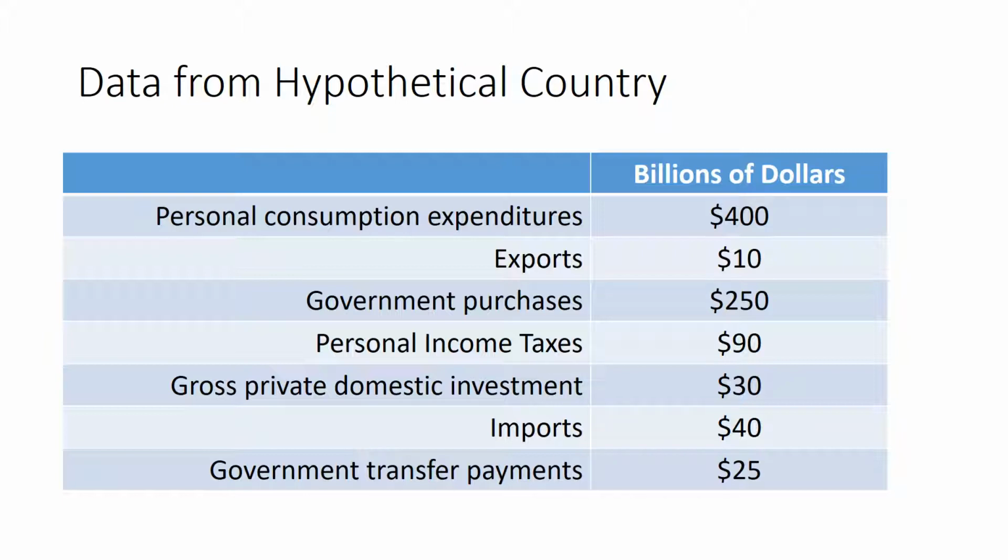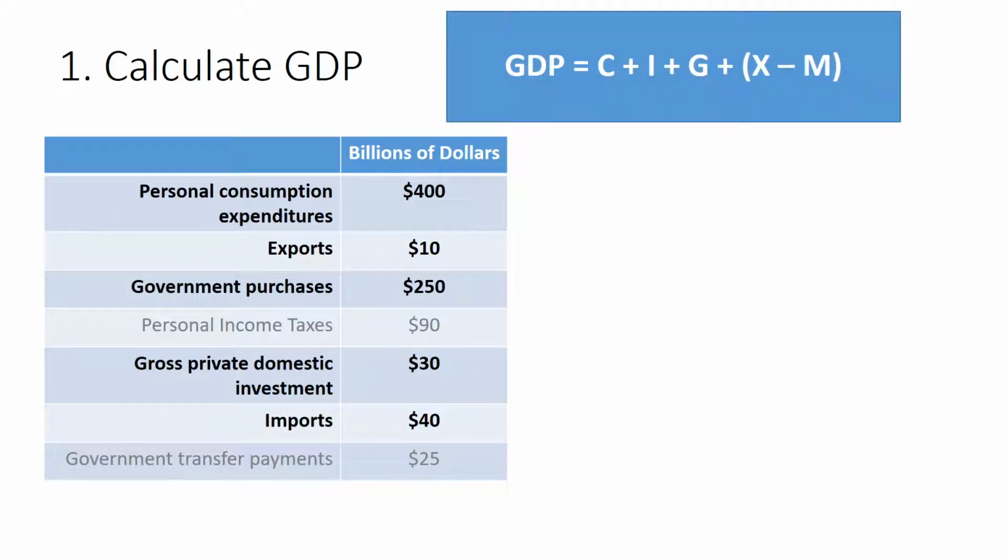All right, so we're going to use this data here to answer those questions. For the first one, how do we calculate GDP? As I mentioned earlier, GDP is this equation right here at the top: consumption plus investment plus government purchases plus net exports, which we calculate as exports minus imports. So I've put in bold here the ones that we'll use.